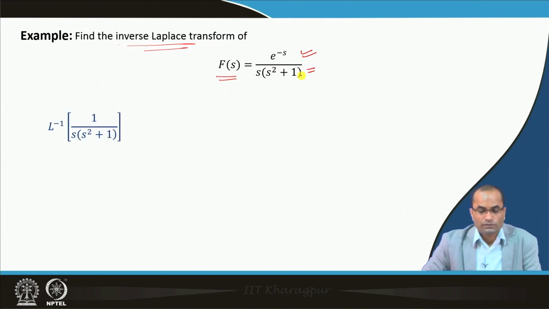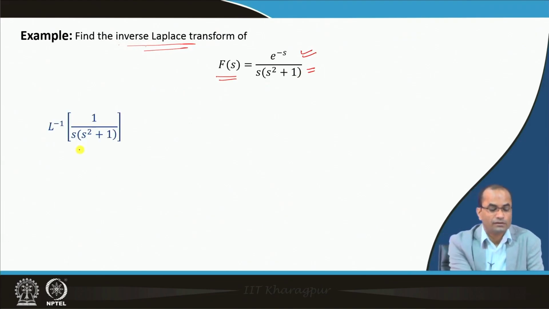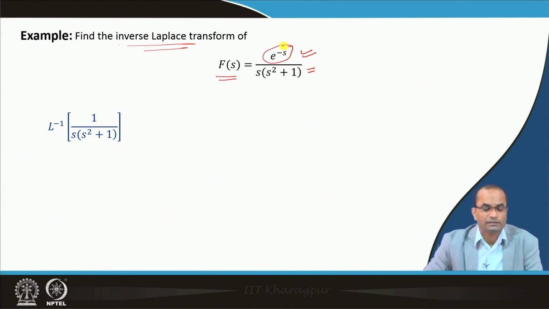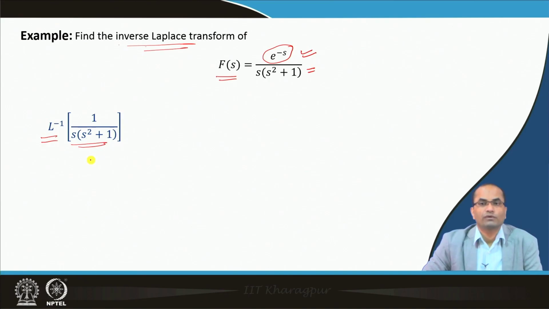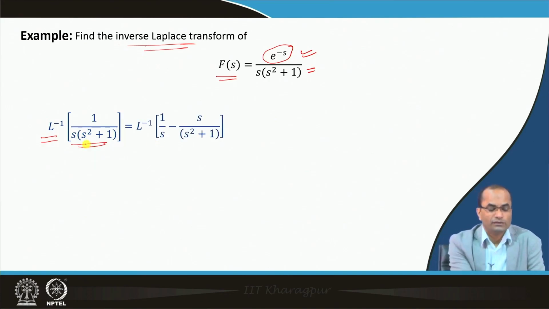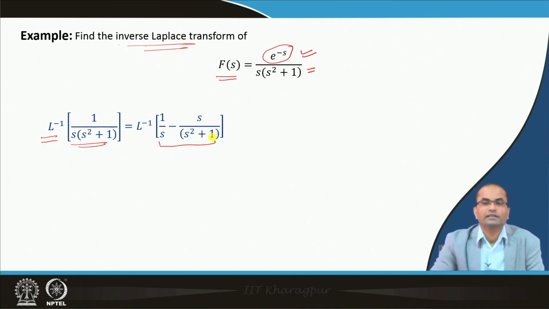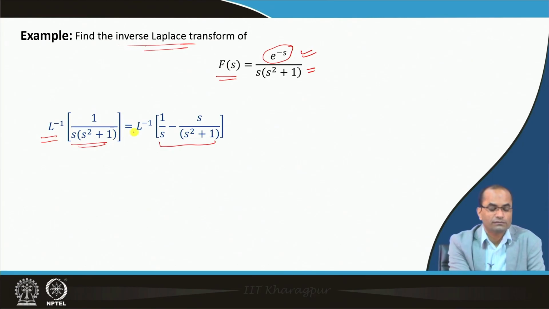Just to recall, this e to the power minus s can be handled with this second shifting property. So, we need to get the Laplace inverse of 1 over s(s square plus 1), where we can do partial fractions. We have already discussed yesterday that this is one of the techniques to find the inverse Laplace transform.